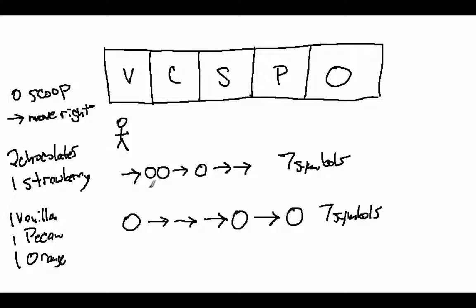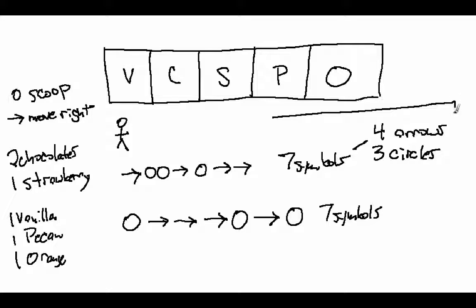And inside of these 7 symbols, there are always going to be 4 arrows. And there are always going to be 3 circles. Okay? And I think that you will believe that anything that you can order in this ice cream store can be specified this way.